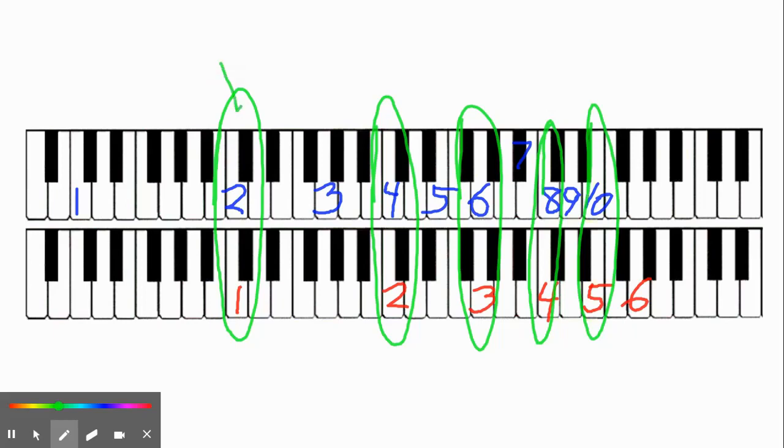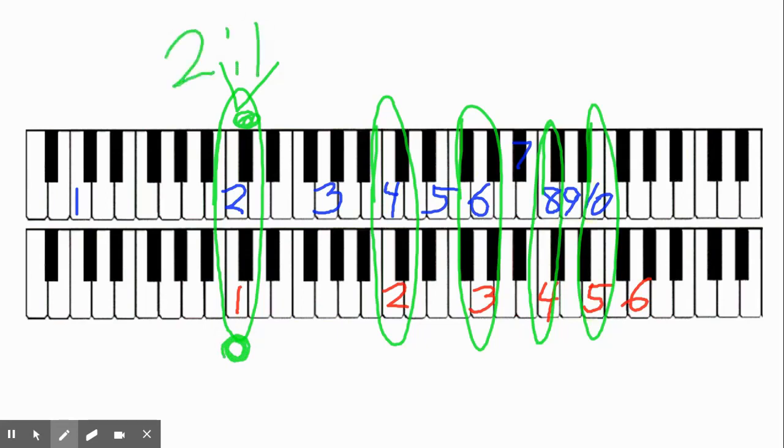So right here, we have the second partial of our lower note lining up with the fundamental first partial of our upper note. This gives us a 2 to 1 octave if they are in unison.